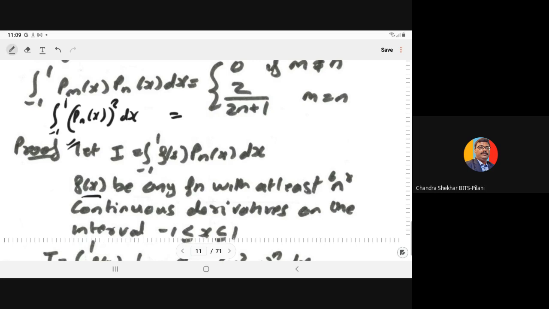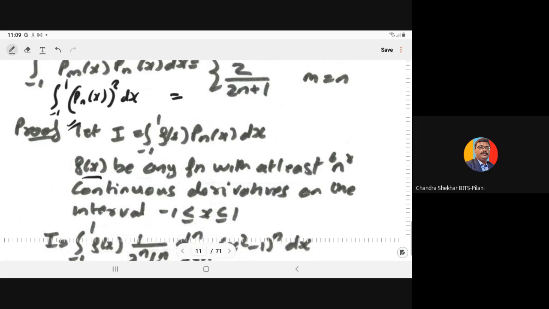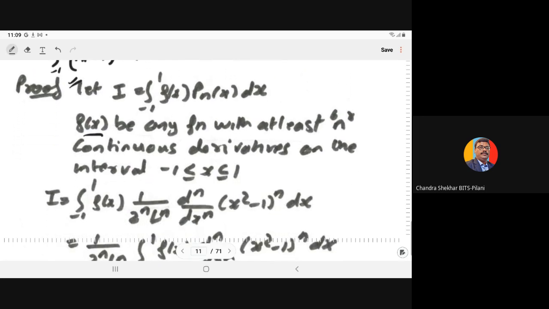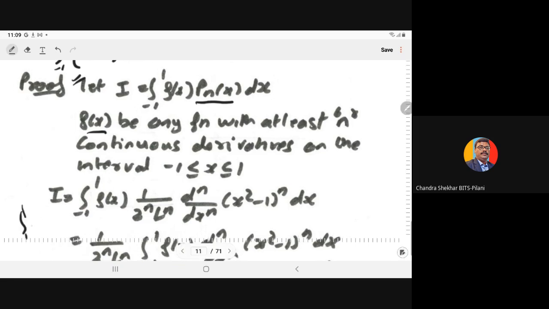Means we can compute the nth derivative, and that should be continuous in the interval -1 to 1. Then what is the formula of Pn(x)? By the Rodrigues formula, I is equal to the integral from -1 to 1 of f(x) Pn(x) dx. So this Pn(x) we are putting by the Rodrigues formula.